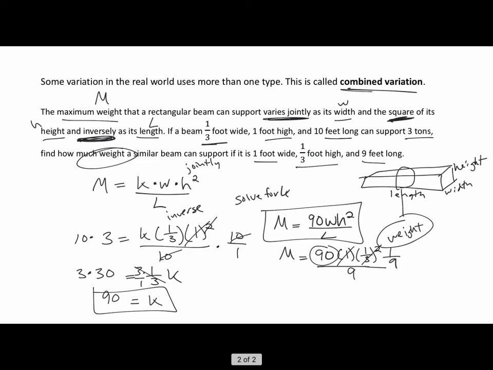And 1/9 times 90 is 10. So I get 10/9, or 1 1/9. What's my unit here? Weight is in tons. So this particular rectangular beam can support 1 1/9 tons.